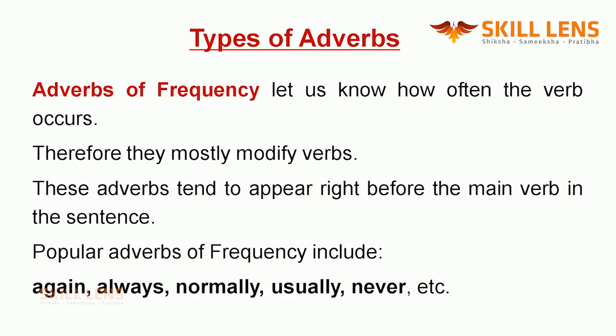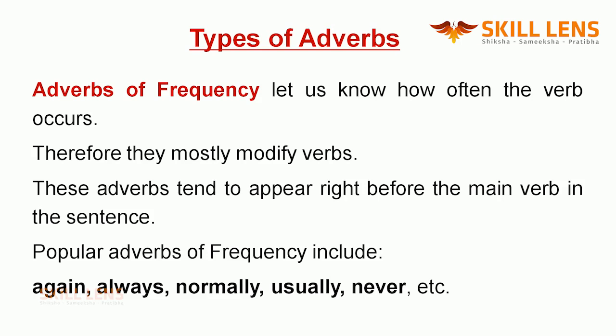Let's move on and talk about adverbs of frequency. Adverbs of frequency let us know how often the verb occurs. Therefore they modify mostly verbs. Adverbs of degree not only modify verbs, they also modify adjectives and other adverbs, giving you the intensity at which they were done.